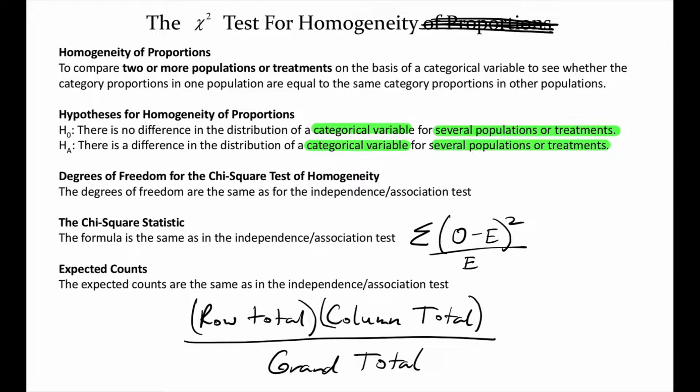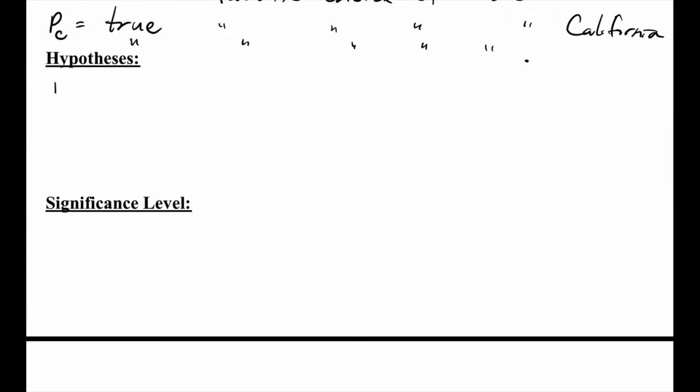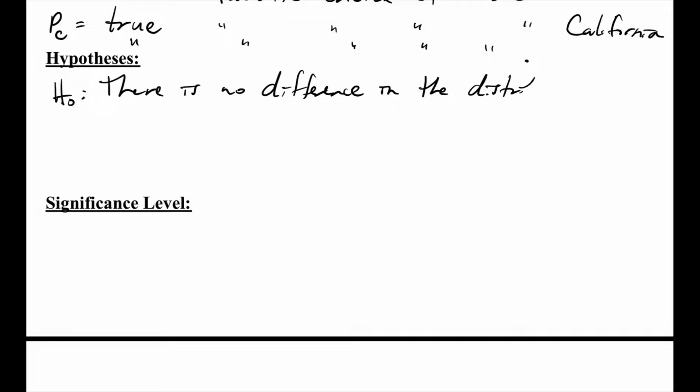So there is no difference in the distribution of proportions of music genres for students in Michigan and California. There's no difference in their distribution of proportions.